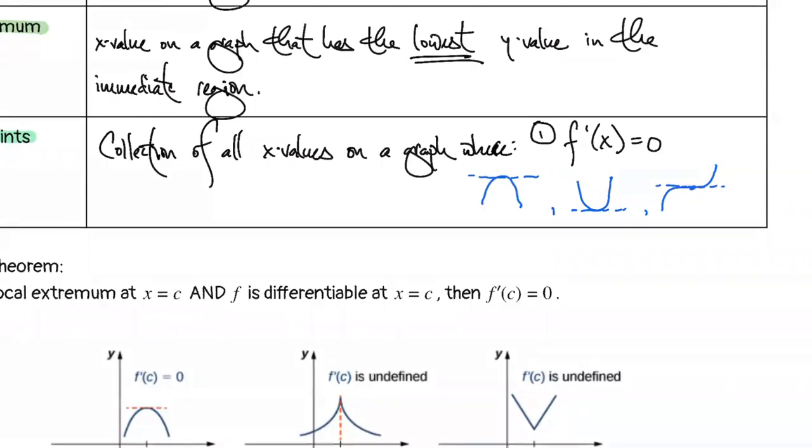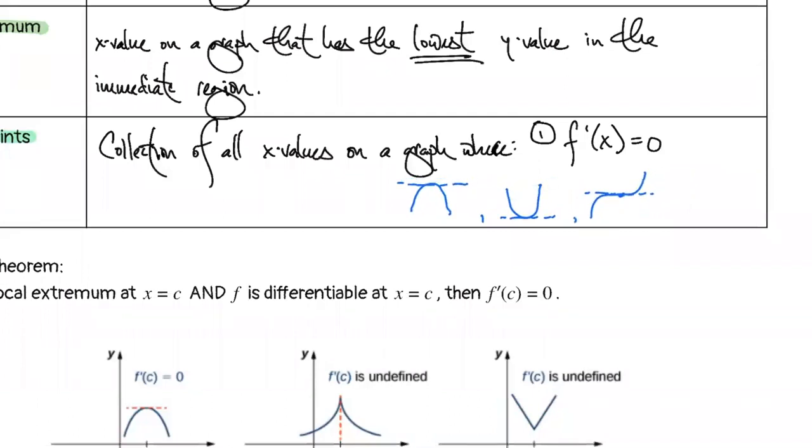I'm going to move this over so I can add one more picture at the end. What might that picture look like? There's one more way that we can visualize where a graph has a slope of 0.